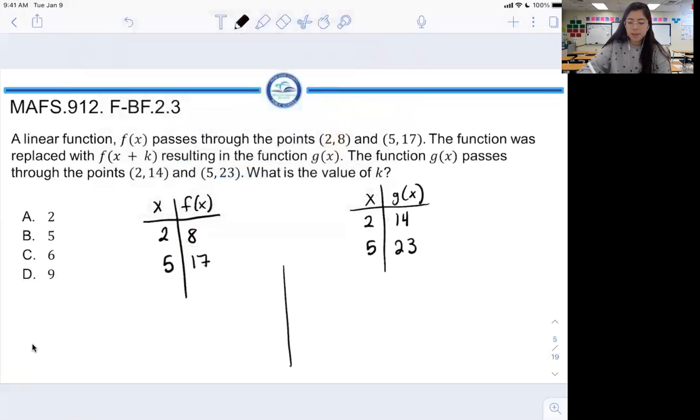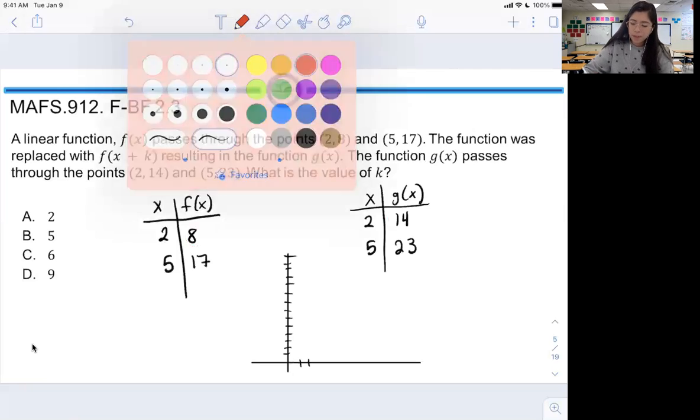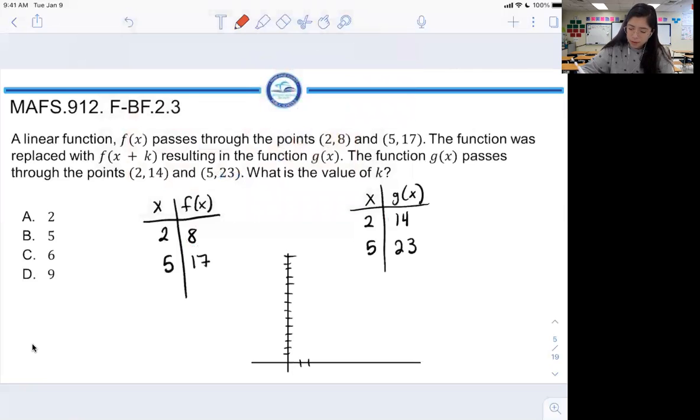So let's visualize this. I've got my coordinate points. One is 2 comma 8 and the other one is 2 comma 14. Let me make this a little bit better. So one is 2 comma 8 and one is 2 comma 14. The first one, 1, 2, 3, 4, 5, 6, 7, 8 is right here.